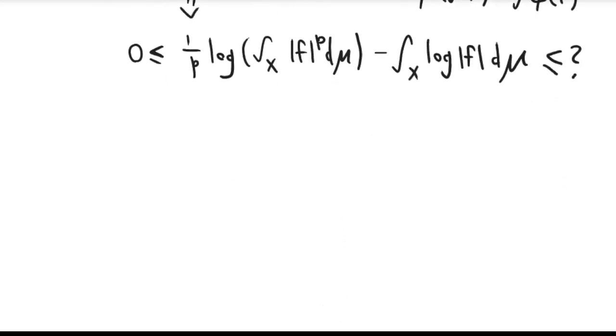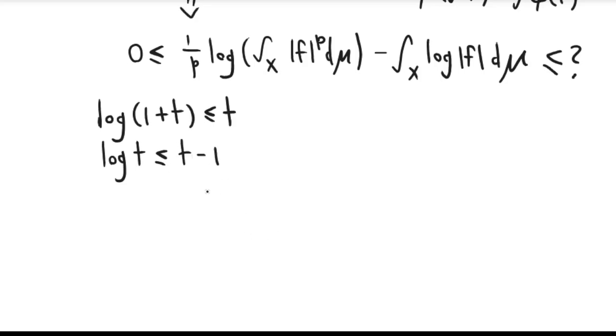Okay, so now we want to think about some kind of clever inequality that we can use to get an upper bound on this. And one inequality that is useful in this case is this inequality, or equivalently log t is less than or equal to t minus 1. So this is true for positive t. And we can apply that to this expression, right?